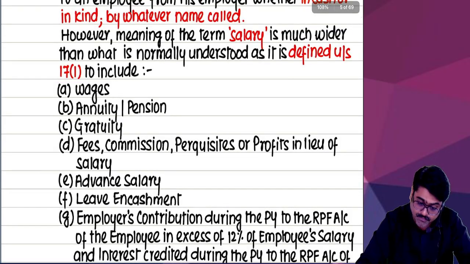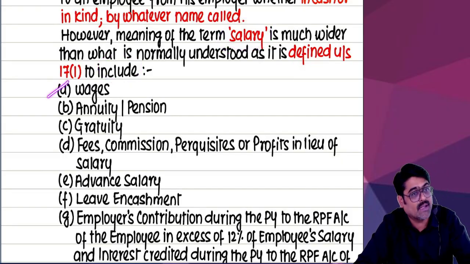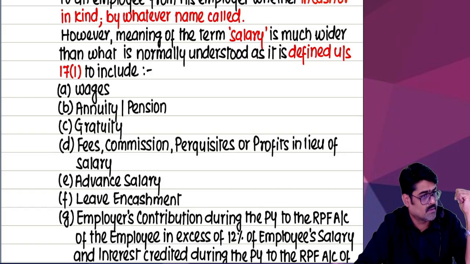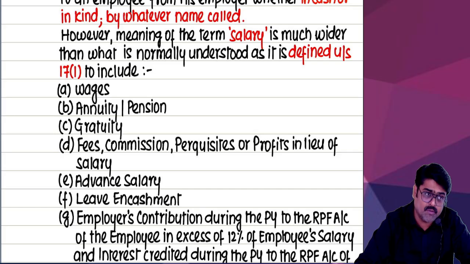Section 17 subsection 1 defines salary to include, number 1, wages. Annuity or pension. Then gratuity, then fees, commission, perquisite, profit in lieu of salary.